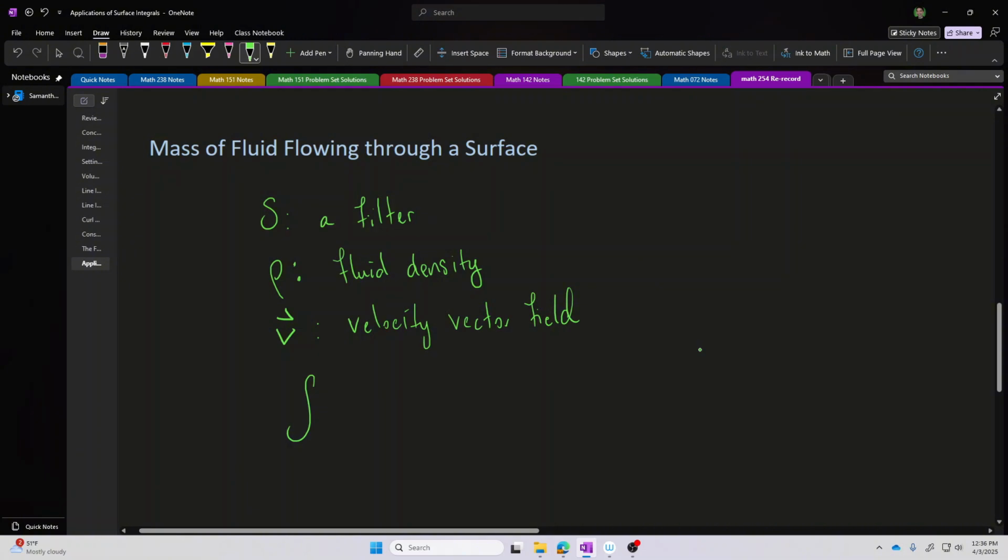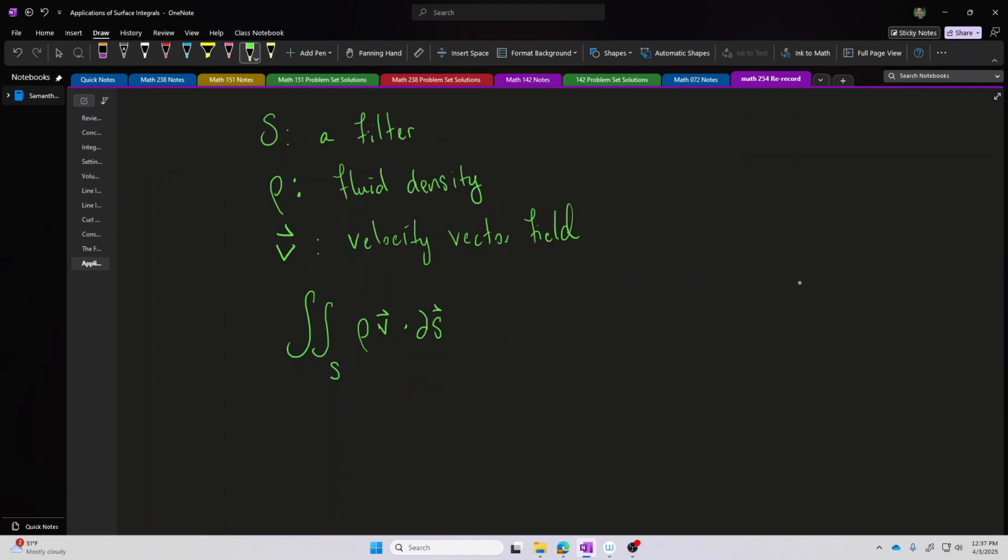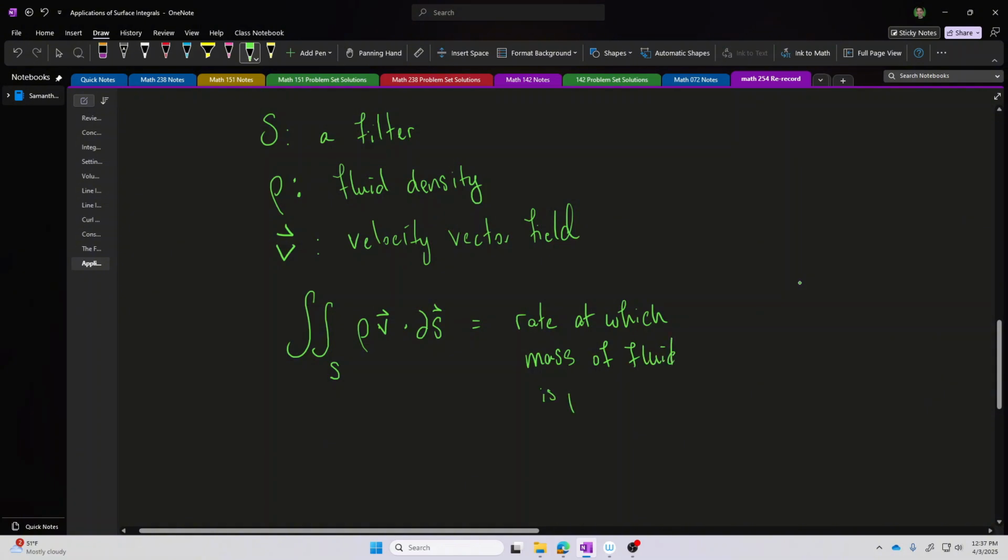If you take the surface integral of the density times the velocity, this can be used to calculate the rate at which mass of fluid is passing through your surface or your filter.